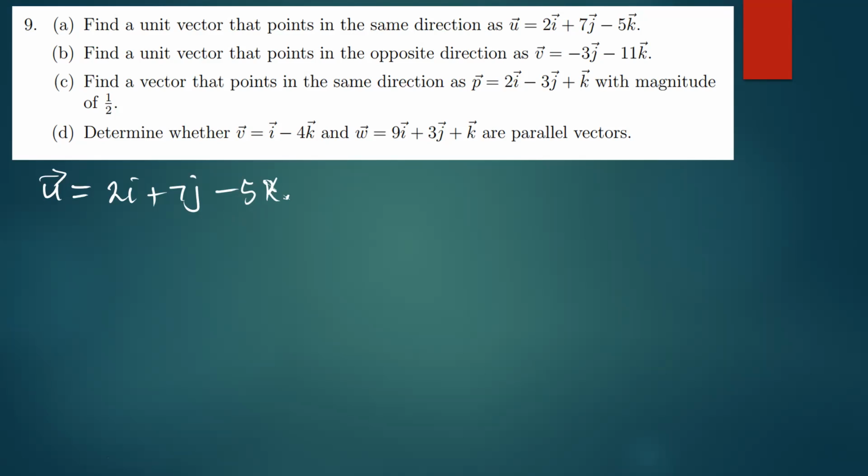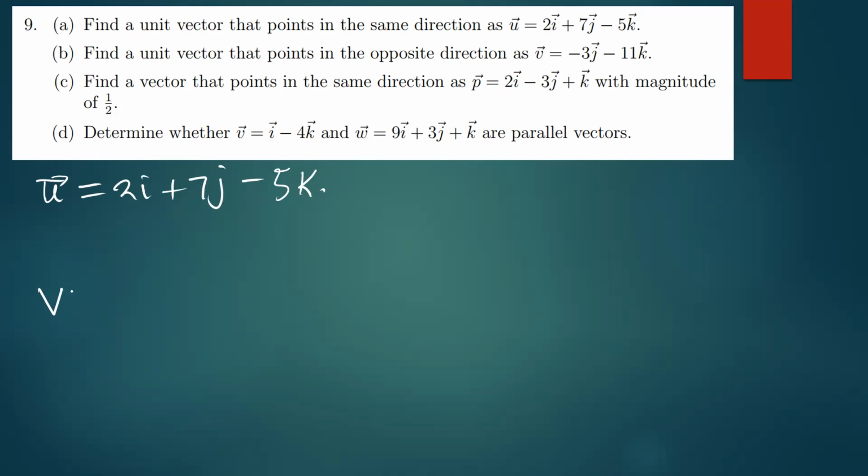So this is a very simple question. What is a unit vector? A unit vector is simply a vector that has magnitude 1. I wrote u here as 2i plus 7j minus 5k.